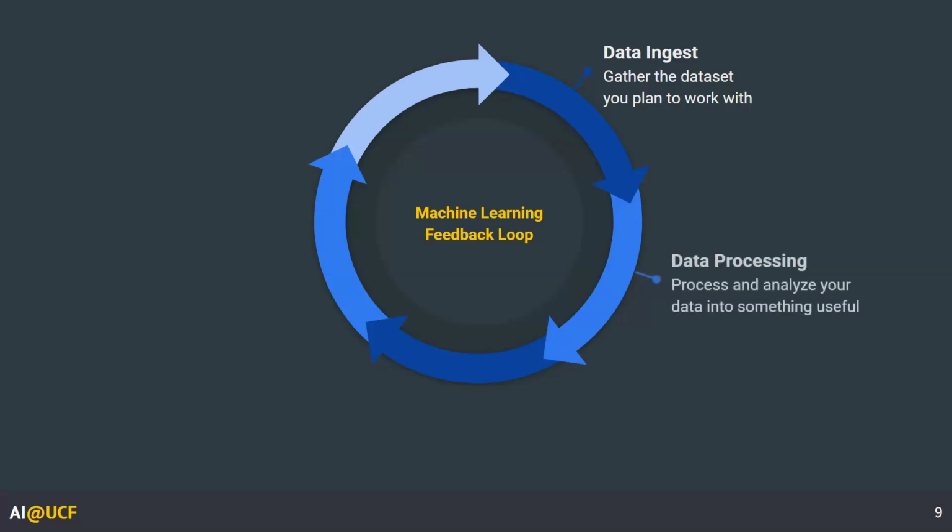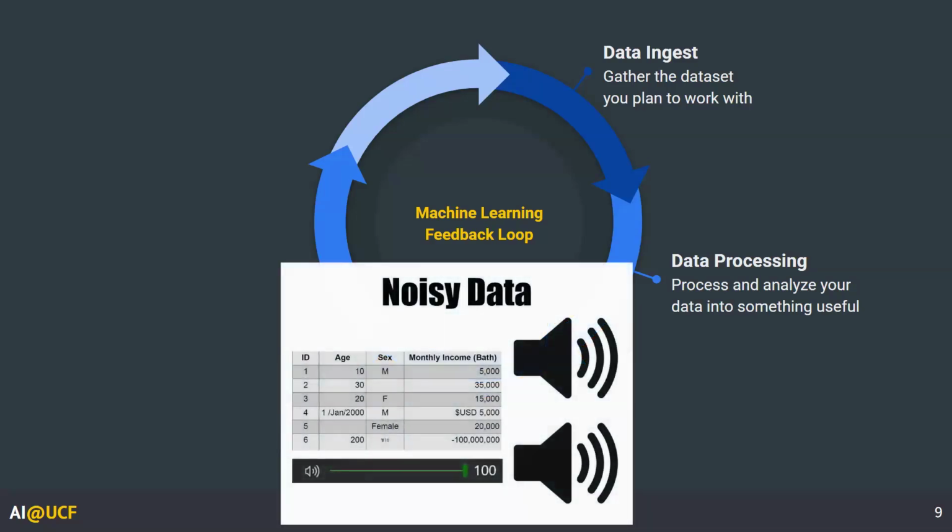The next is data processing, which is where you take this raw data that you've looked at and you try and process it and analyze it into something useful. Because the biggest enemy that comes with machine learning is noisy data. This is the bane of existence. As you can see here, let's take a look at this little table.